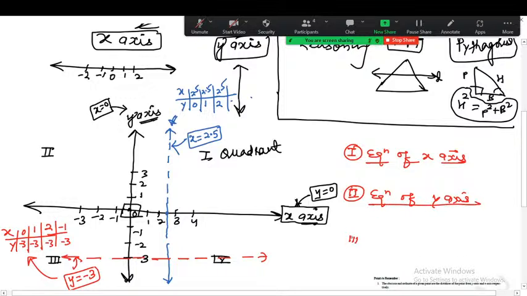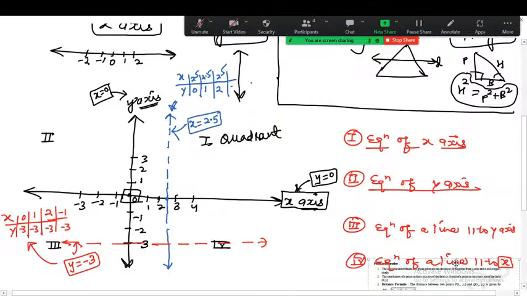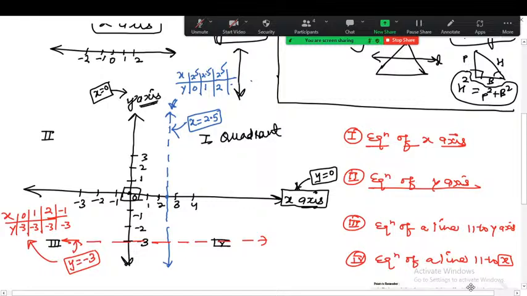Similarly, the third thing that I have presented here is equation of a line parallel to y-axis, and also equation of a line parallel to x-axis.